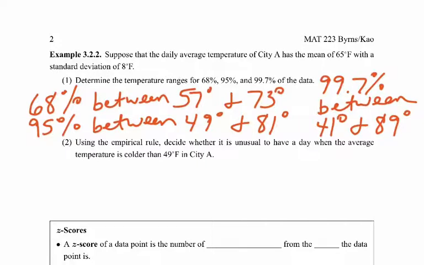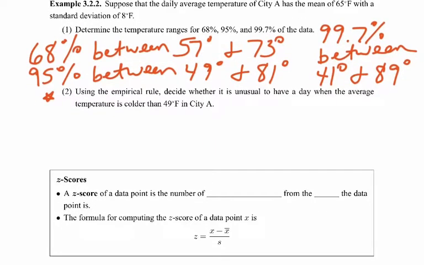So part 2 here is a really important question, and we're going to be doing a lot of that this semester in terms of looking at whether or not something is unusual. When we have a symmetric distribution, one way to decide whether something is an unusual temperature, which is what they're looking for, decide whether it is unusual to have a day where the temperature is colder than 49 degrees.